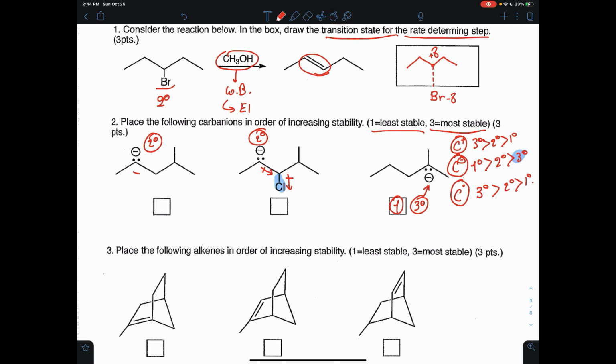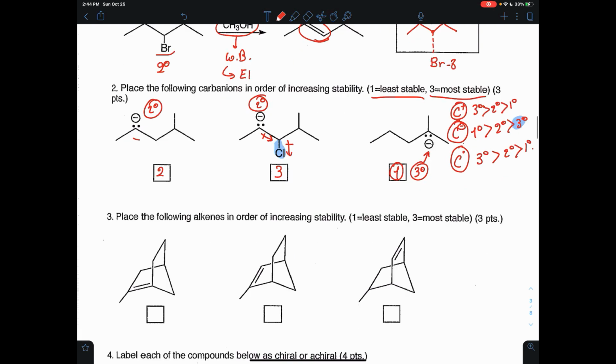If you have delocalization of the charge, that's a good thing because you don't want a condensed negative charge cloud. So that tells me that the carbon anion with the chlorine is going to be the most stable, and this will be my second most stable.